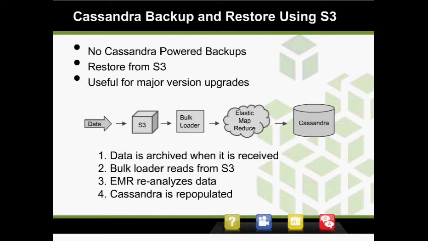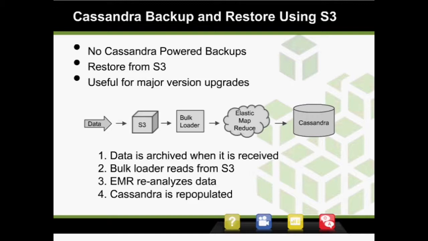We use tools like Elastic MapReduce to run all the data and aggregations and computations that we've run before on the data, and all of this gets pumped back into Cassandra. And we can do this on demand, and it's allowed us to do things like take a major version upgrade of Cassandra without being worried.